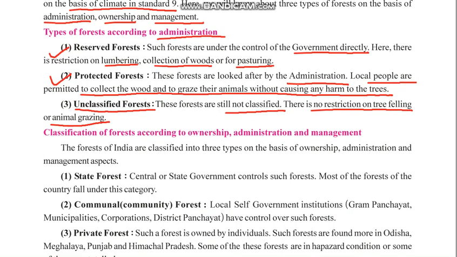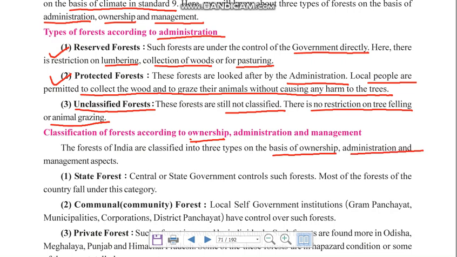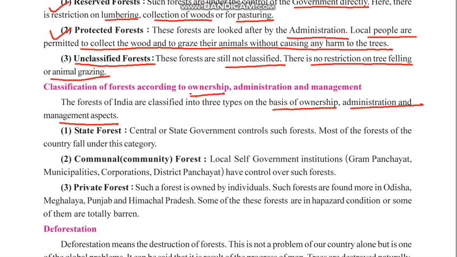Now the classification of forest according to ownership, administration and management. The forests of India are classified in three types based on ownership, administration and management. The first one is state forest. Most of the forests in India are considered state forest. State here does not mean states like Gujarat or Maharashtra.